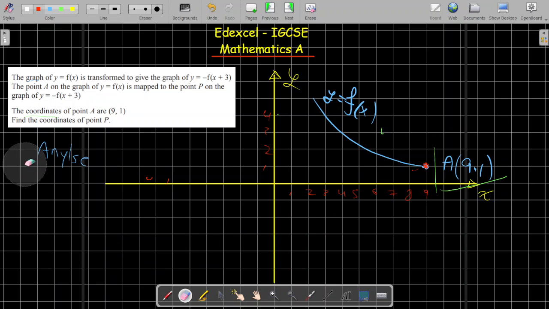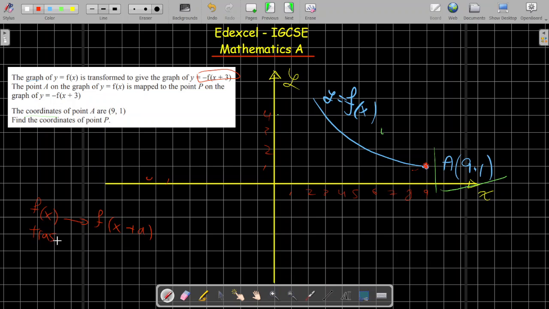So what we're gonna do is this. First of all, we need to analyze this form here. If you remember, we said minus f(x plus 3). When I say that this graph becomes something like f(x plus a), what is the meaning of plus a? It means that it's a transformation.